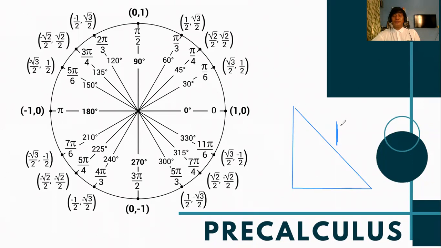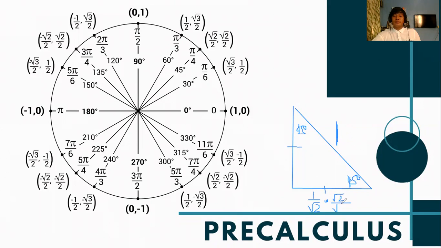And we know that to get the legs of a 45-45 degree triangle, we multiply it by 1 over the square root of 2. Okay, so that is 1 over the square root of 2. But the square root of 2 in the denominator is not accepted, so we will rationalize the denominator.